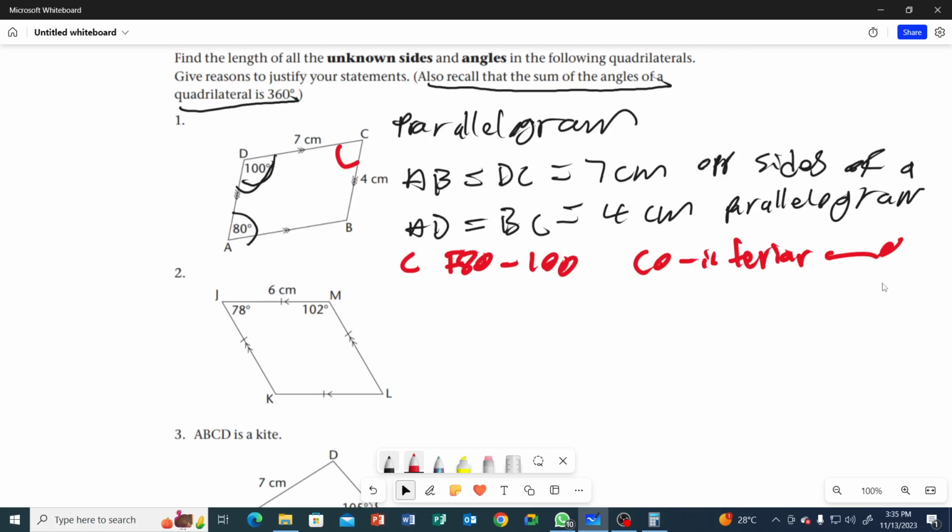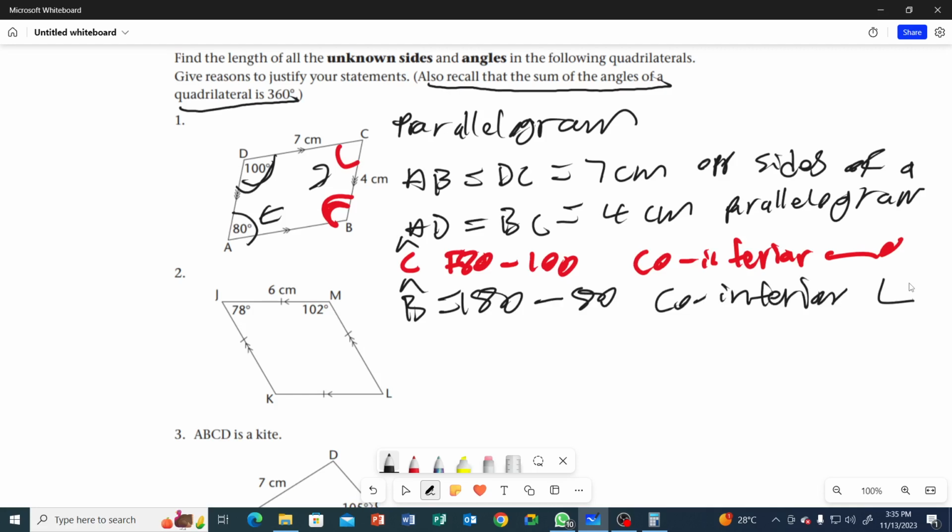Yes, B is equal to 180 minus 100, reason: co-interior angles. No, minus 80 I meant.